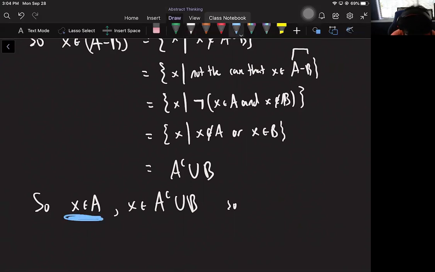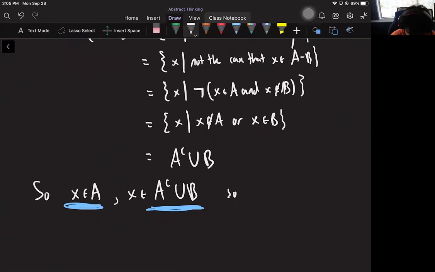Okay, so X is in A for sure, and X is in this union, which means it has to be in one or the other, or both. Well, so how do you know it's in B? Because I really want it to be in B.